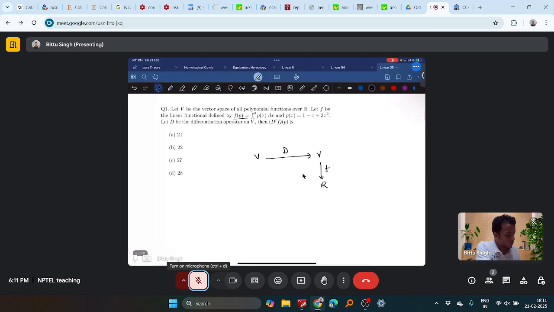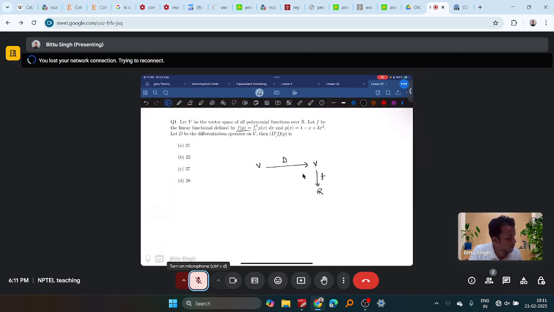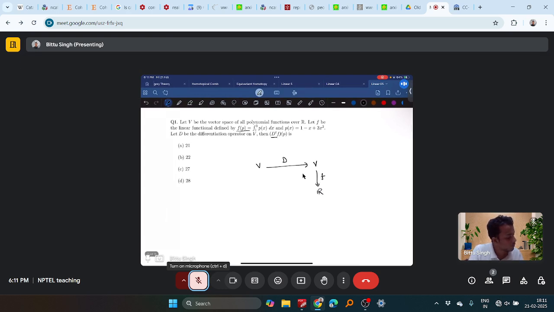Okay. So the linear operator is defined by differentiation. Here p is the given polynomial.